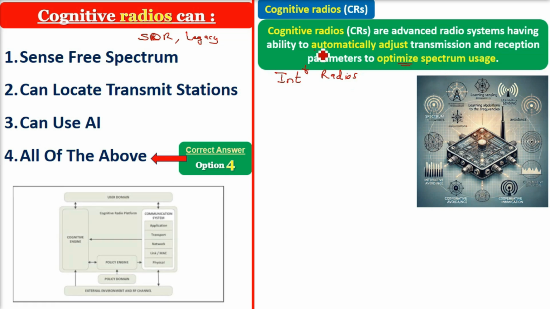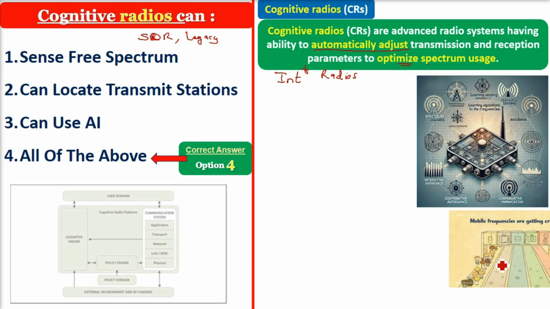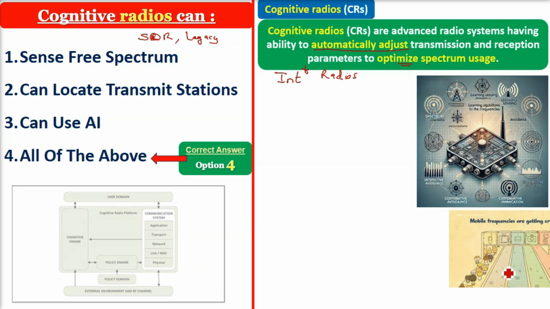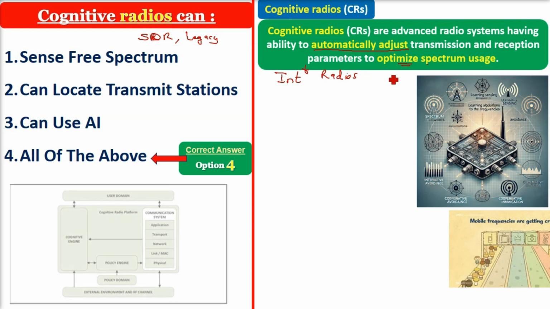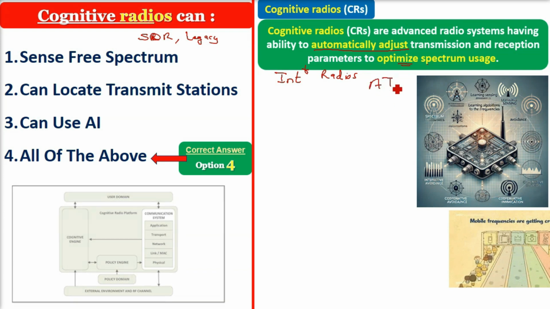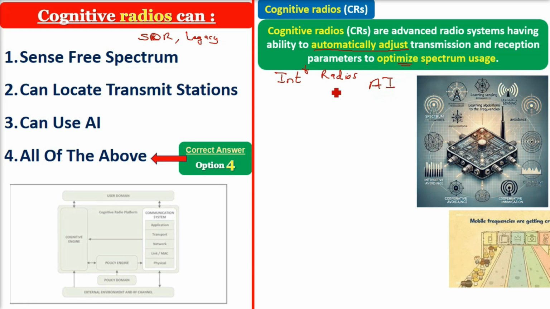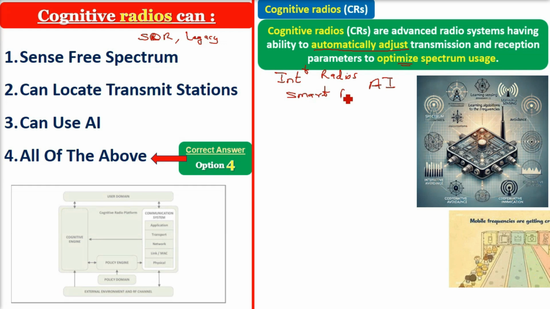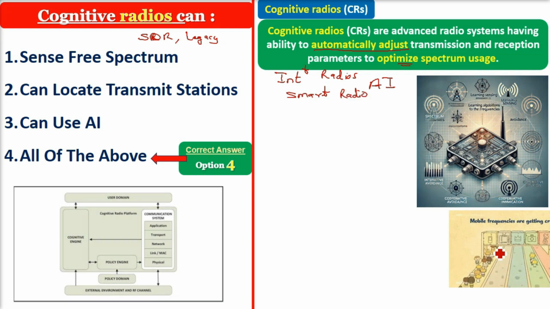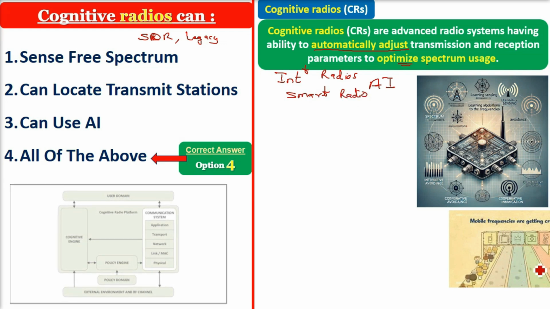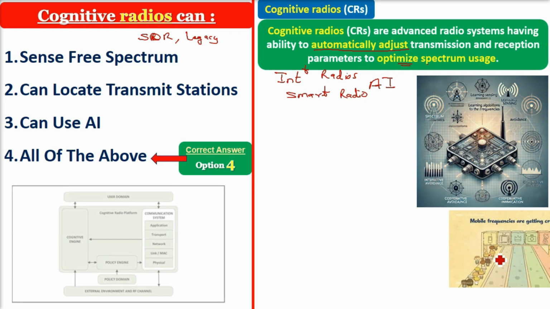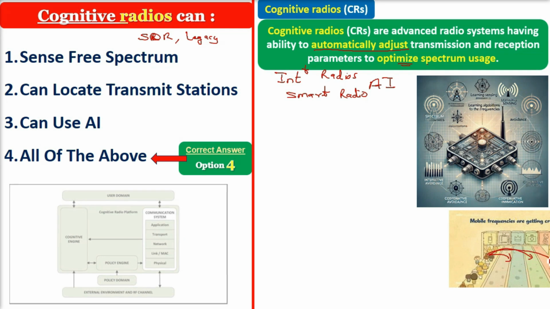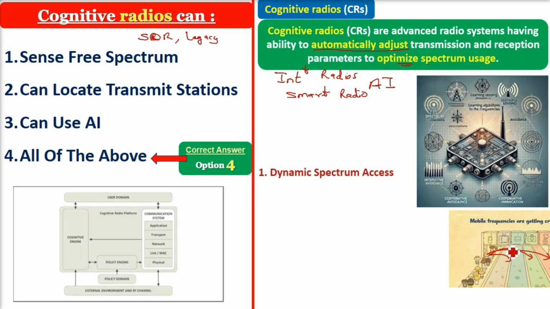If the radio can modify its own parameters in order to optimize the spectrum usage, it's a cognitive radio. So it's a smart radio. If the road is blocked, then traffic can be shifted to a road where the traffic is less. That can only be done when the radio is cognitive, self-understanding.